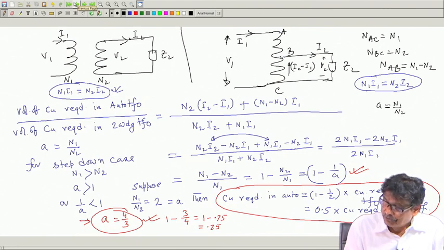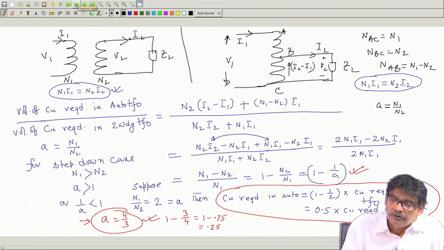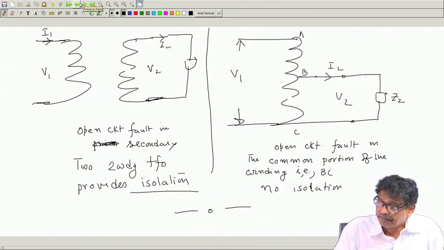Turns ratio close to 4 by 3, savings of copper required is only 25%. Turns ratio is half, that is 1 by 2, and savings of copper is only 50%. So, the closer you go to A equal to 1, savings of copper will be more and more.